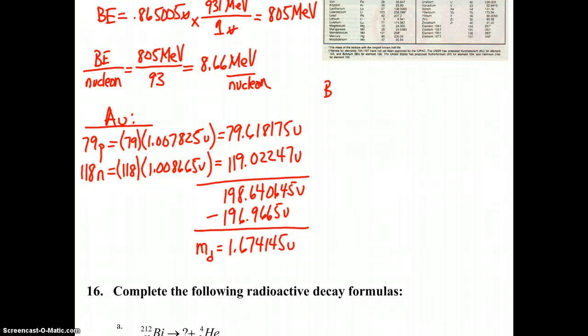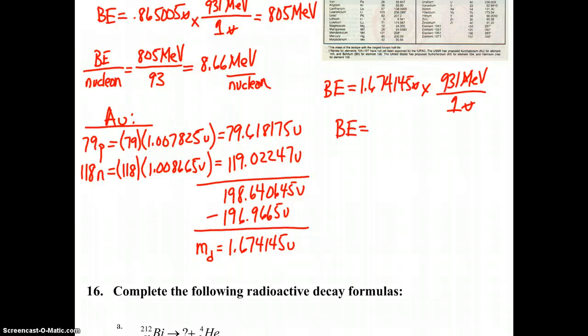Now to get the binding energy, which we'll do over here to the right, we take that mass defect, 1.674145, multiplied by 931 MeV per 1 atomic mass unit, and we get a binding energy of 1,559 mega electron volts.